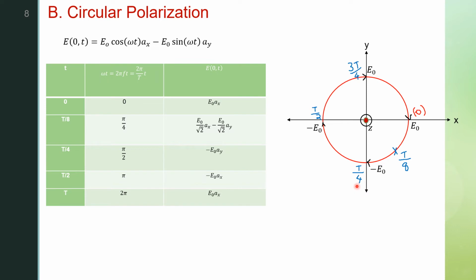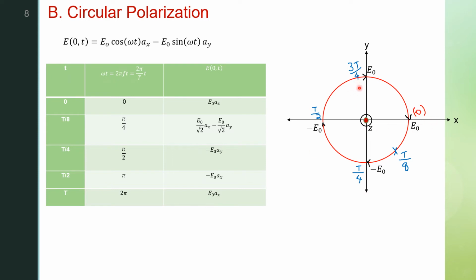So at t equal to T by 4, this is the point where the electric field vector is oriented. Then similarly, you can consider the other two cases. When t is equal to half of the time period, omega t will be pi and the electric field value will be minus E0 Ax. This is x direction, magnitude minus E0. When it completes one time period, omega t will be 2 pi and the electric field value will be E0 Ax.